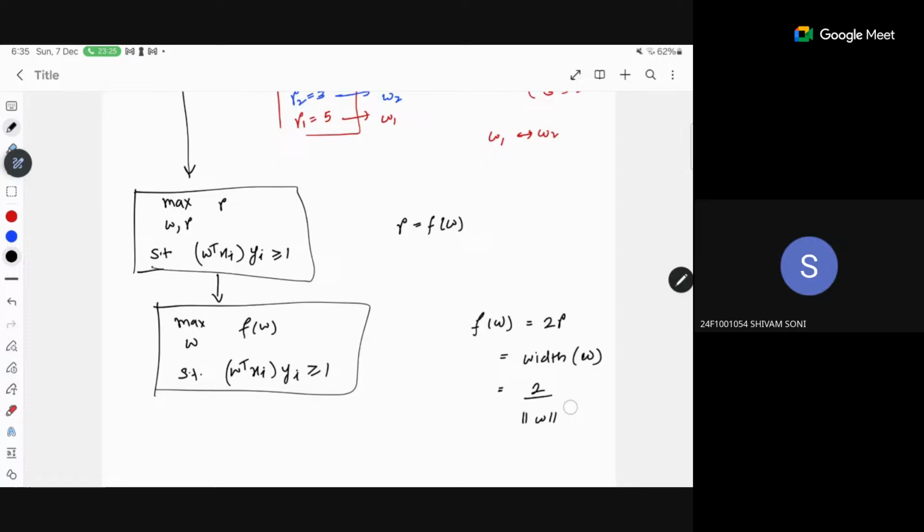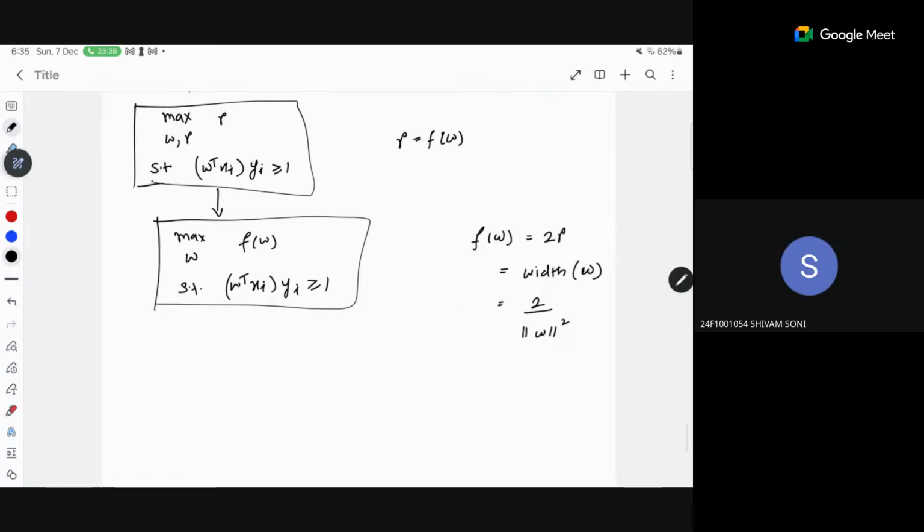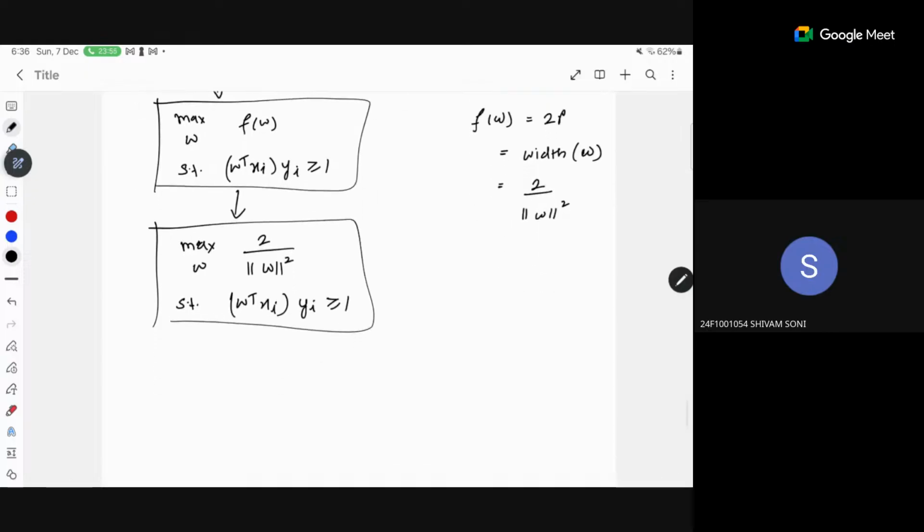Some books have taken 2 by length of W instead of the square, but in our lectures it is taken as this non-standard length. Now this problem has become: max over W of 2 by W squared, such that W transpose xi yi is greater than or equal to 1. Now this is the problem which we need to solve.